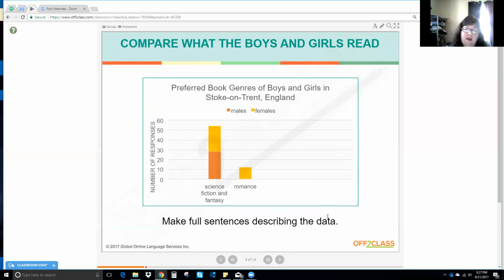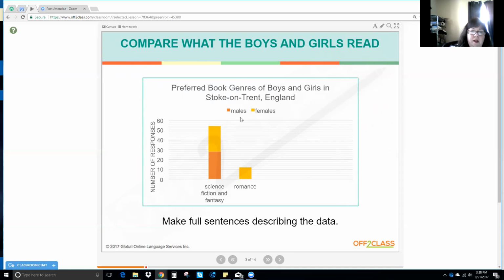And we can see here that it looks like the orange males showed no response for romance. So it looks like none of the males enjoy romance, where it looks like about 12 females did select that they enjoy romance.